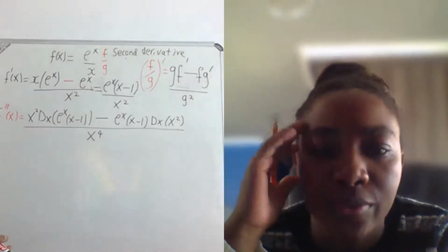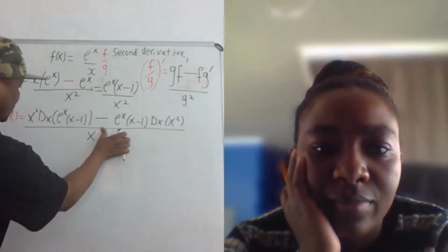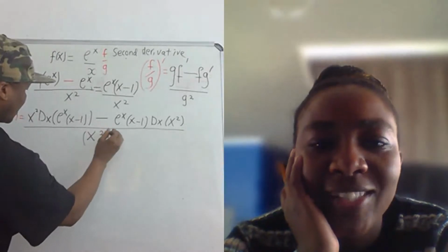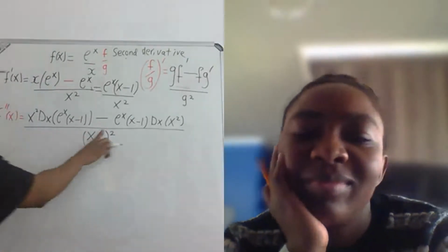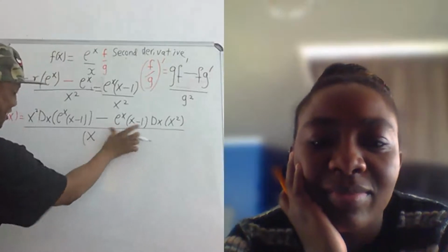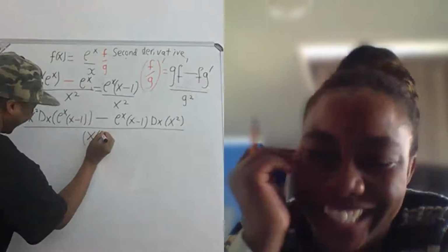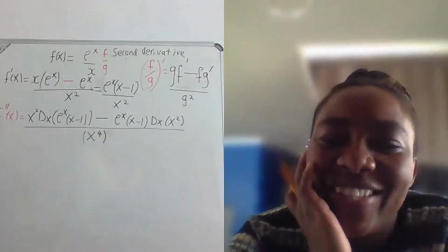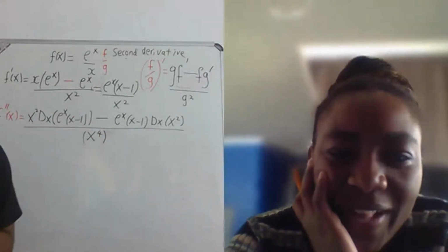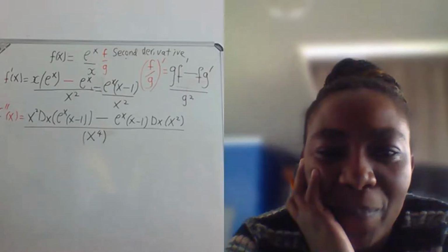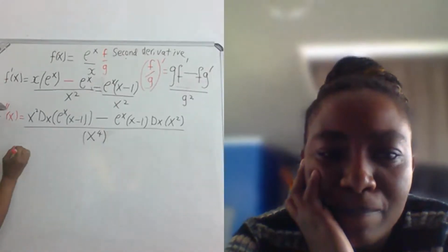Let me just do it slowly. So we got x power 4, right? And then we say this is equal.